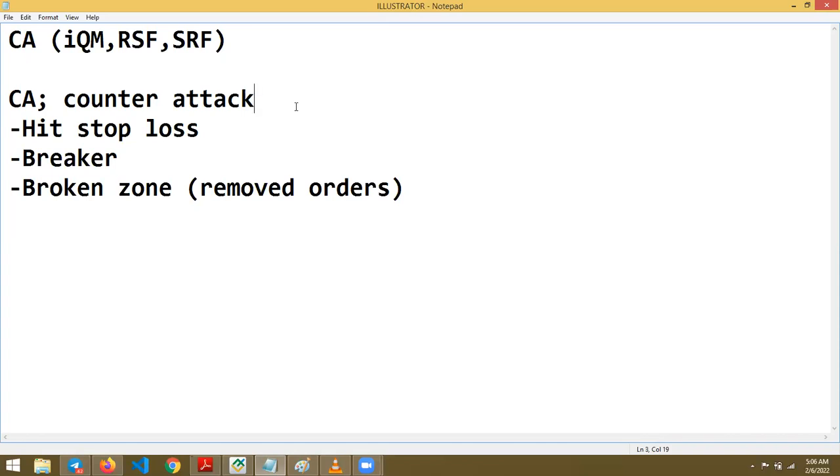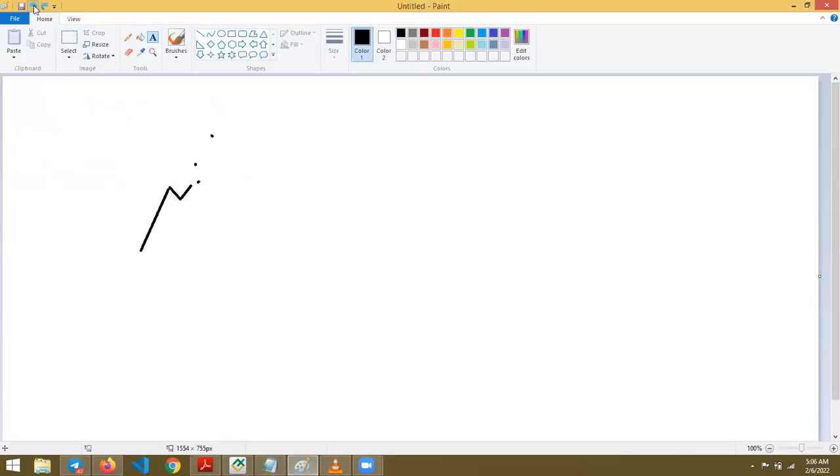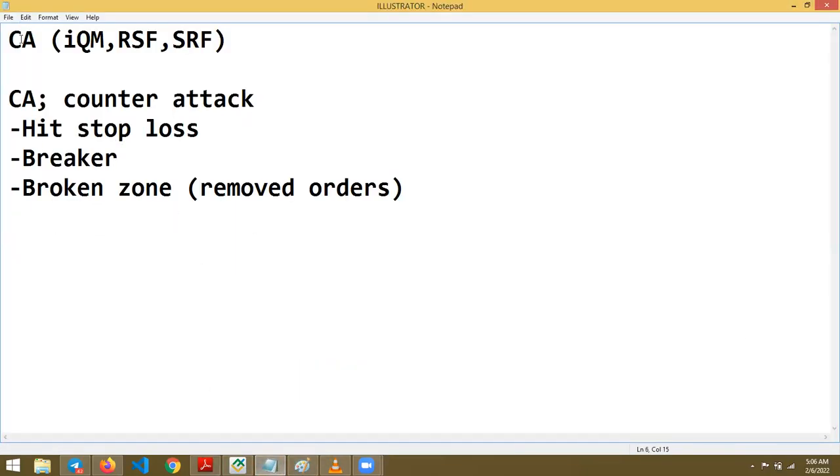Okay, now let me just illustrate it. So now take for instance, you have a perfect setup. Let me just get back. Let's say you have a perfect setup. So now I'm going to start with the first item. So now the first item under the counter attack is what we call the IQM, right?